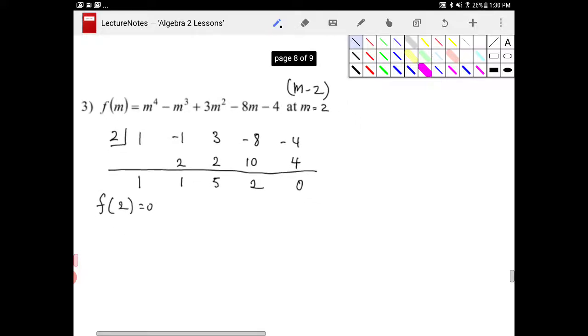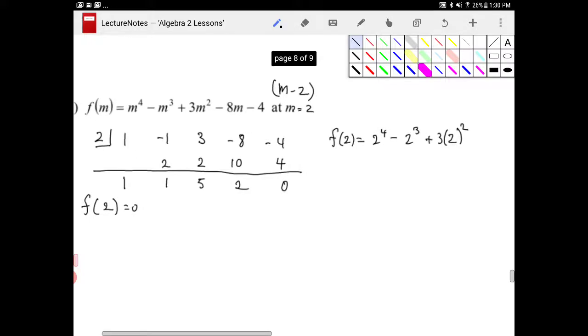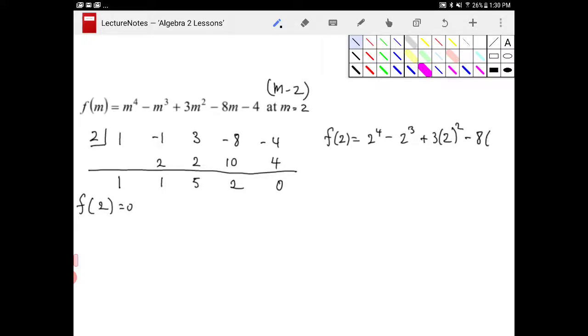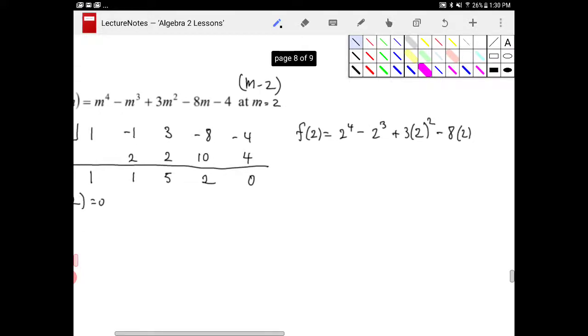All right, so let's do it side by side. Let's do a comparison here. So let's say f of 2 is equal to 2 to the fourth minus 2 to the third plus 3 times 2 to the second minus 8 times 2 minus 4.